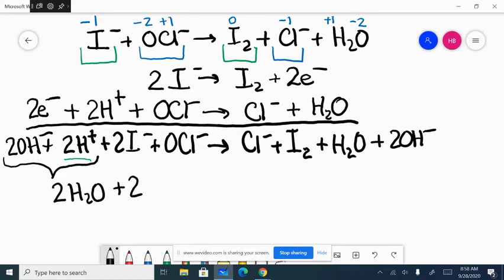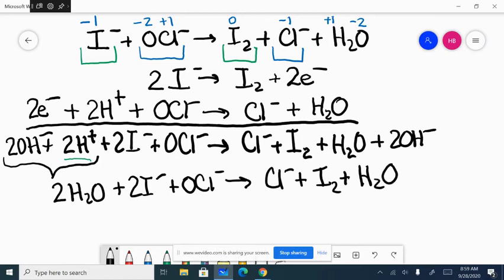So let me go through with this. 2I minus plus OCl minus. Let's double check that the charges still add up and that the law of conservation of matter, that the mass, still adds up.